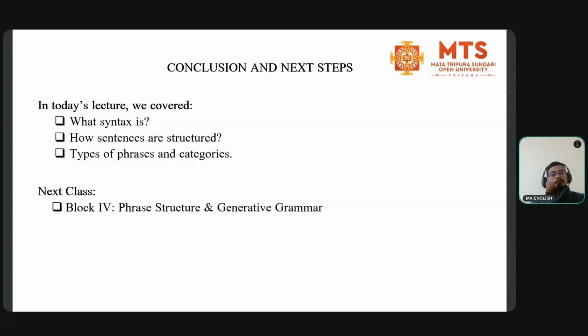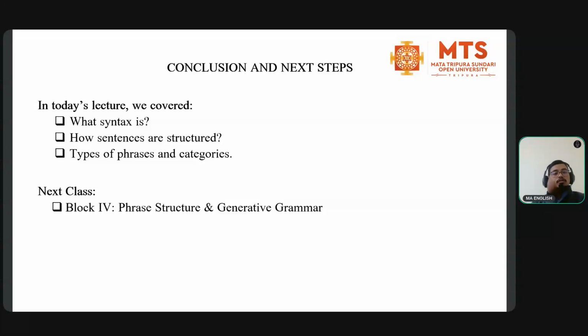And finally, we discussed different phrase types like noun phrase, verb phrase, adjective phrase, adverb phrase, and prepositional phrase. And then the functional and syntactic categories. So this block helped us understand how sentences are organized grammatically. Syntax shows that grammar is logical and systematic, and not just random.